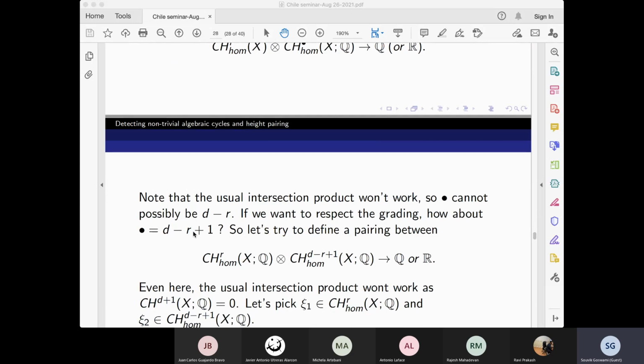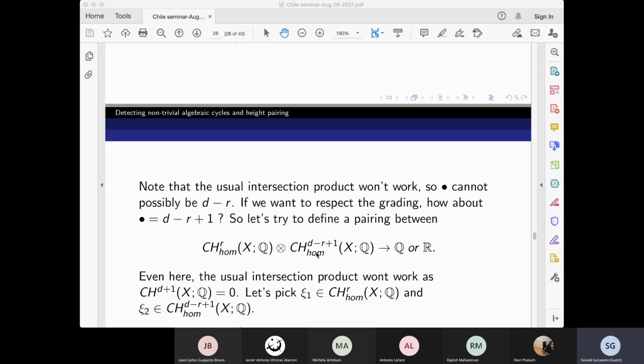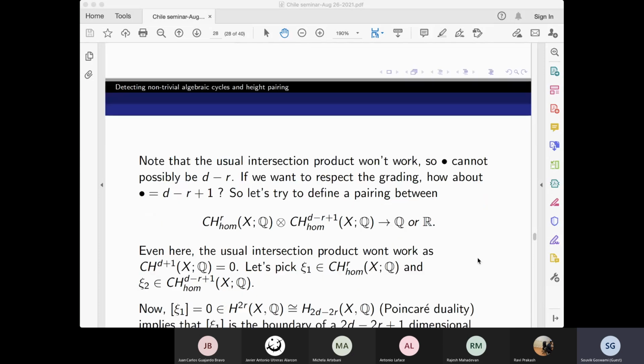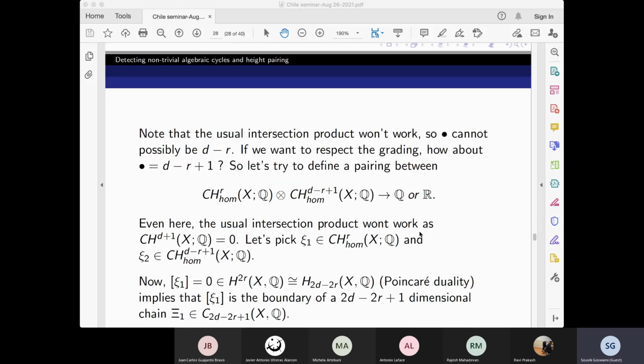So the pairing is between codimension r cycles homologous to 0 and codimension d minus r plus 1 cycles which are homologous to 0. Okay. Again, if you just take the usual intersection product, it goes to 0, right? Because these are cycles homologous to 0. So you have to devise some other techniques to get a non-trivial pairing on these two Chow groups of cycles homologous to 0.